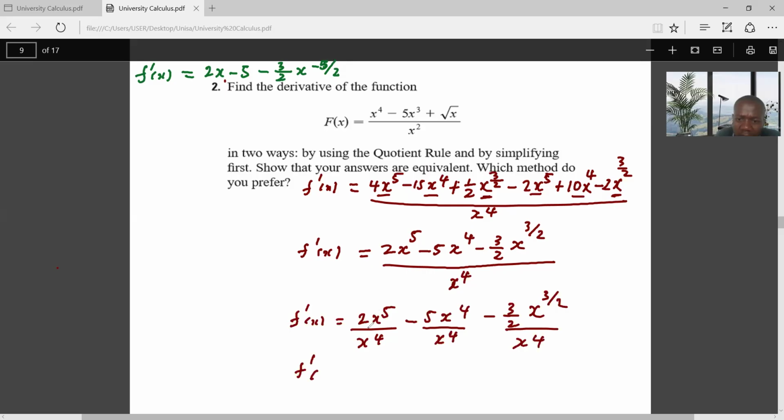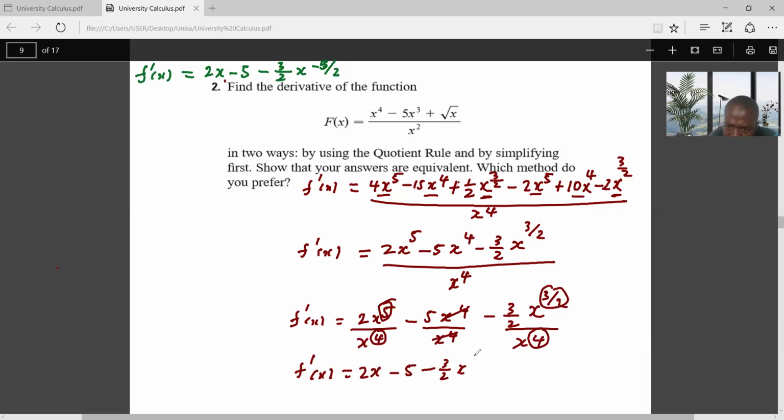We know exponents subtract. So this will become 2x. This one will become x to the power 0, which is 1. Even with this, they will also subtract: 3 over 2 minus 4 will be minus 5 over 2. So we're going to have minus 3 over 2 x to the power minus 5 over 2.